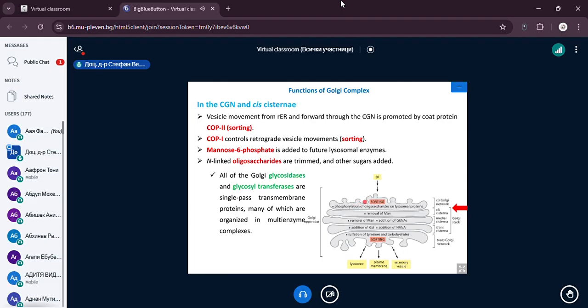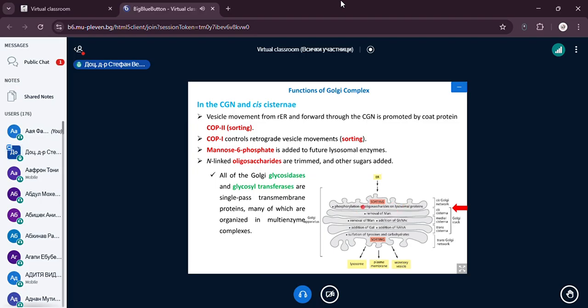If there are some proteins which are not destined to reach the Golgi complex, these proteins are again packaged in vesicles, but this time coated with coatomer protein type 1 and returned to the endoplasmic reticulum. This process is called sorting, and it happens in the trans-Golgi network zone.